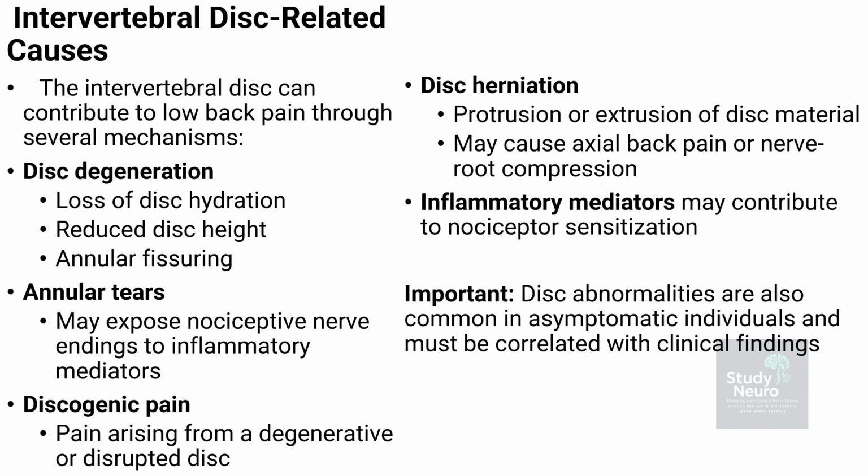It can also lead to disc herniation, where disc material protrudes or escapes beyond its normal boundaries, and may cause back pain or compress a nearby nerve root. Inflammation matters here. However, disc abnormalities are also common in people without symptoms, so imaging findings must always be interpreted alongside the patient's history and clinical examination.